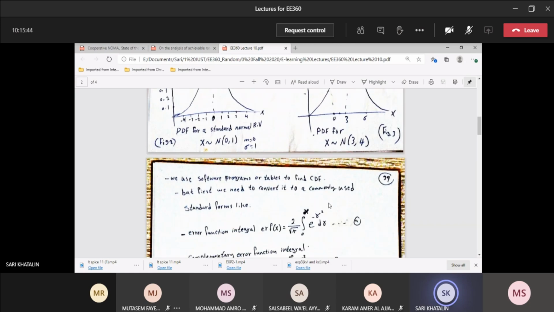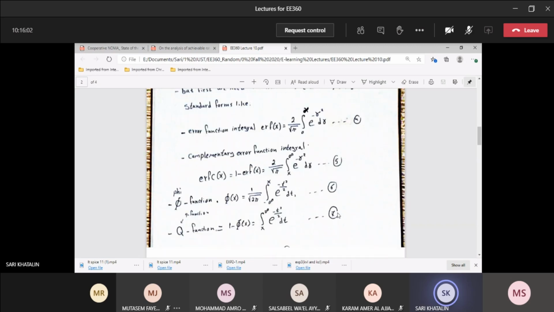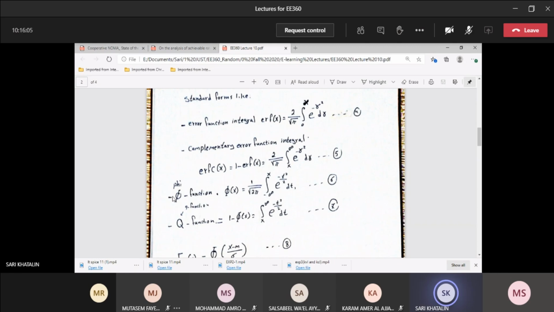We have to convert it to commonly used standard forms like the error function, as shown in equation 4, or the complementary error function, which is 1 minus the error function, as shown in equation 5, and also the phi function and the Q function. In this lecture and this semester, we're going to focus on the phi function and the Q function, and the mathematical definitions for these functions are given in equation 6 and equation 7, as you can see on the screen right here.